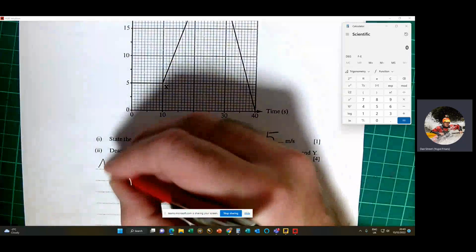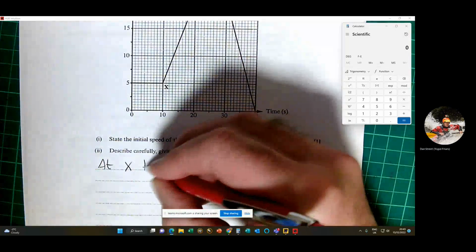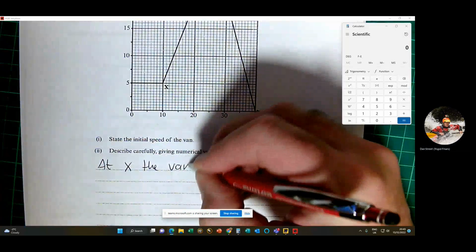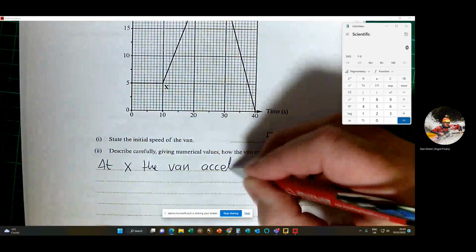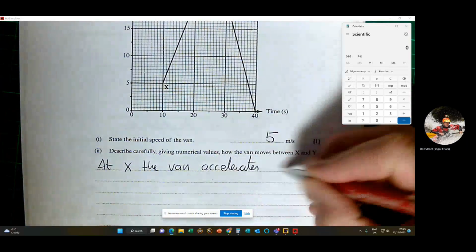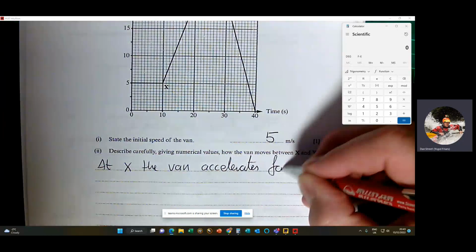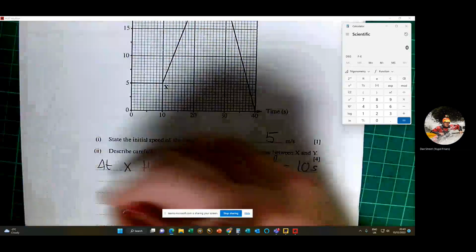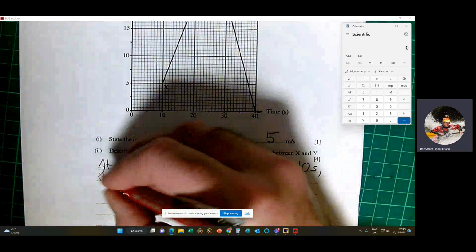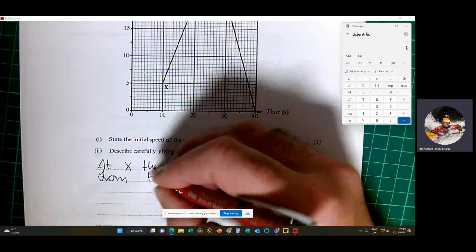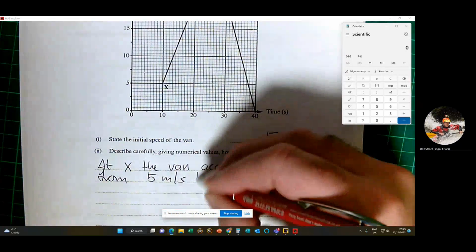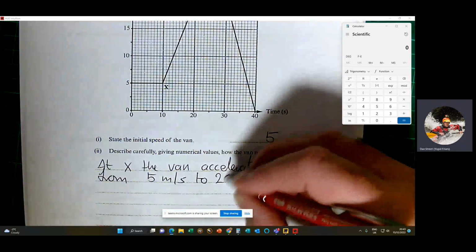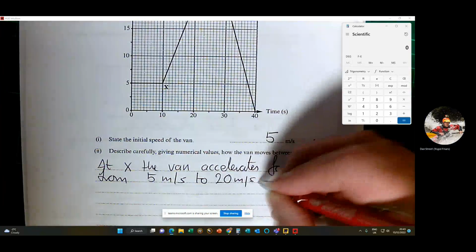So we could say at X, the van accelerates for 10 seconds from 5 meters per second to 20 meters per second.